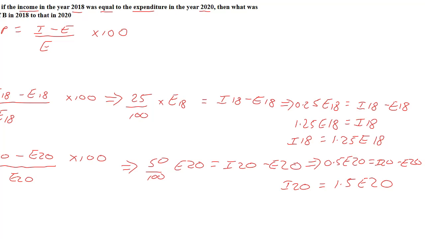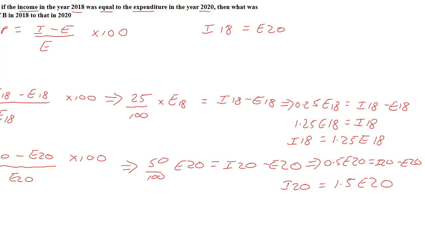Now that we've reached here, it should be a little easier for us to proceed. We've been told that income in 2018 is equal to expenditure in 2020.